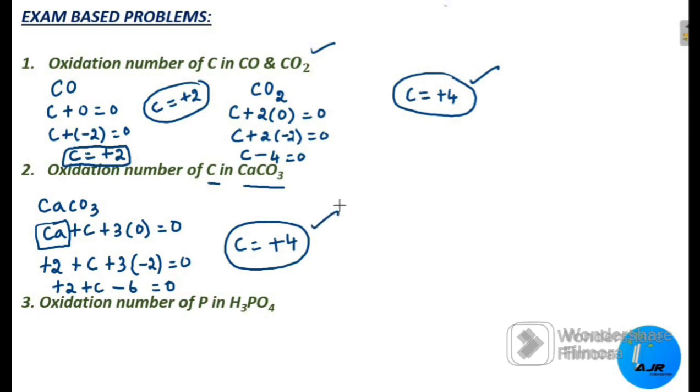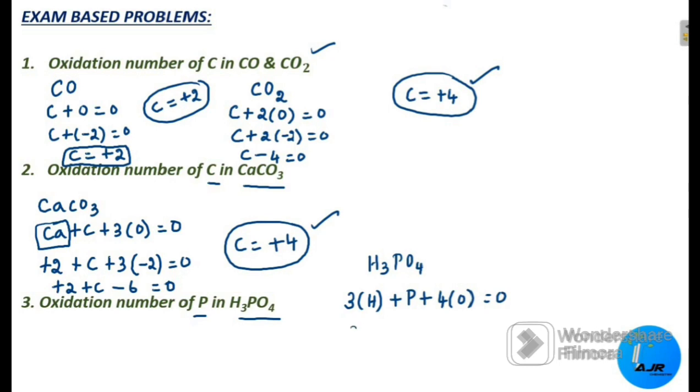Understood, students? The next important question is to find out the oxidation number of phosphorus in H3PO4, phosphoric acid. They are asking you to find out the oxidation number of phosphorus in phosphoric acid. So 3 into H plus phosphorus plus 4 into oxygen is equal to 0.